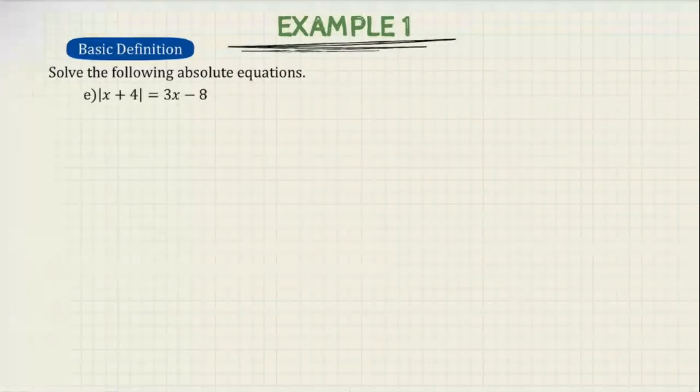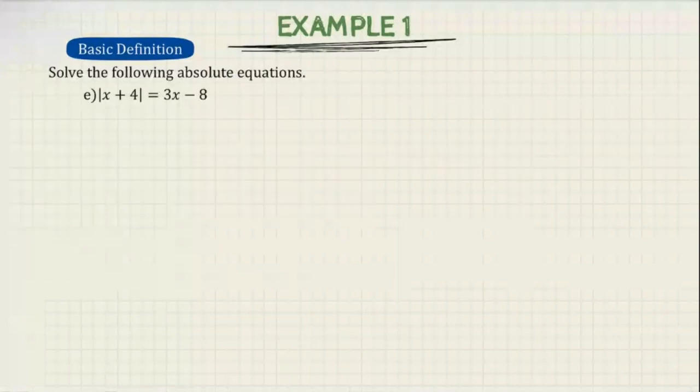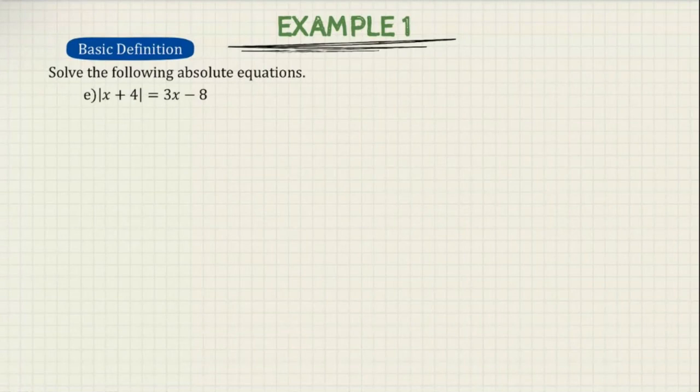absolute equation. Okay, so for this last absolute equation example, there is one extra step that we need to do, which is recheck. Why do we need to recheck?